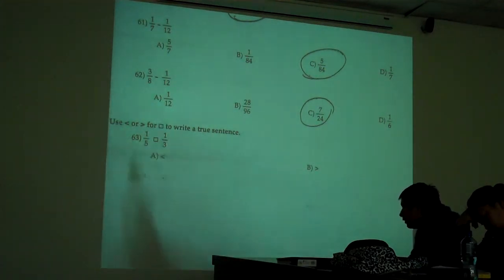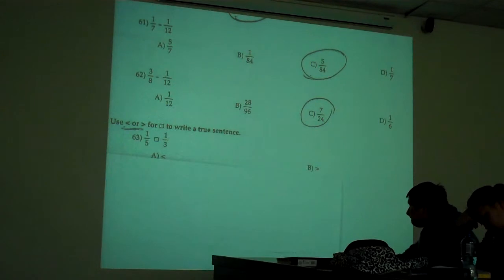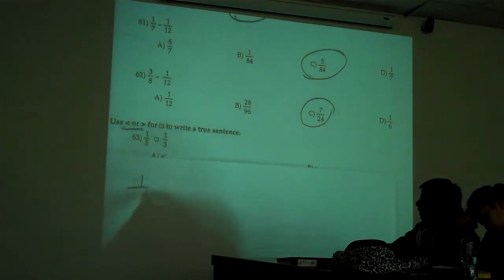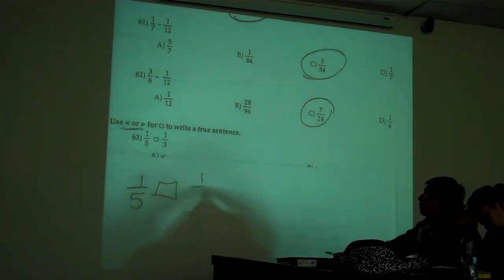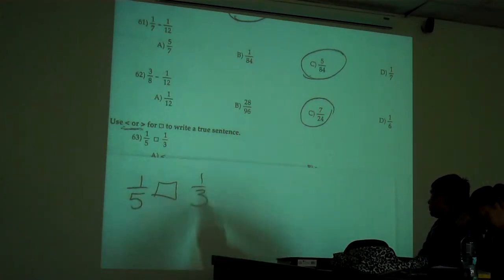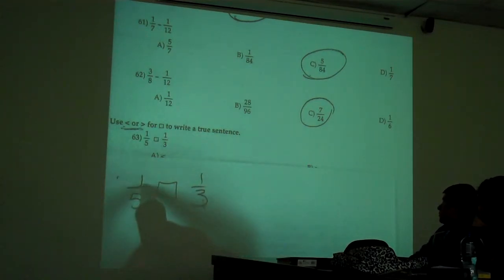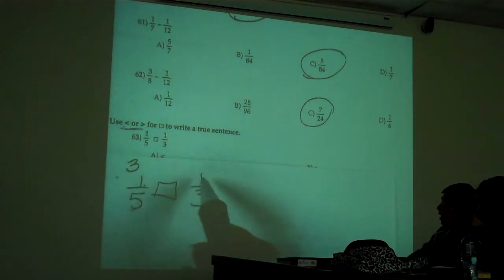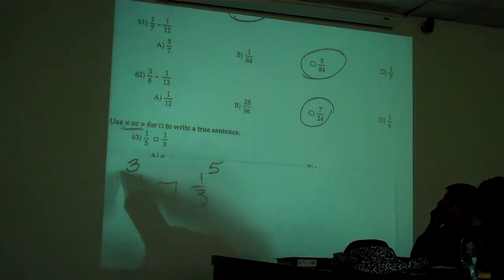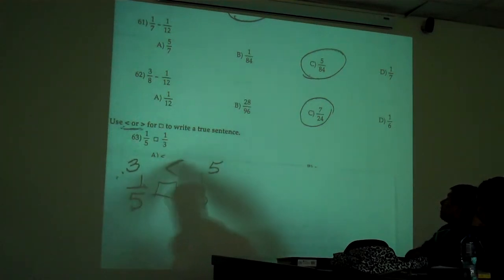Okay, number 63. You're going to put a greater or less than sign. Remember, it gobbles up the big one? Okay, 1/5 and 1/3. If you don't know which one's bigger, multiply across. 3 times 1 is 3. 5 times 1 is 5. 3 is smaller than 5, right?